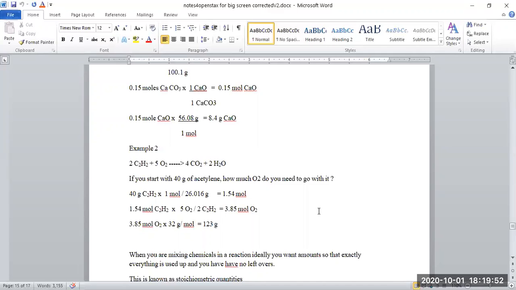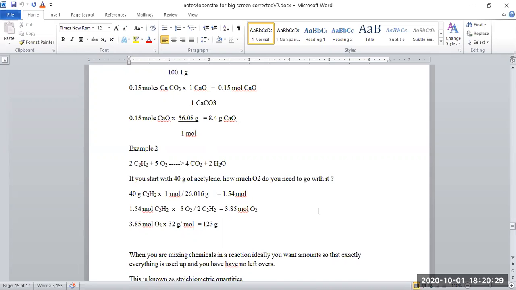I have a 5-to-2 ratio. 5 oxygens for every 2 acetylenes. Do that math. Multiply by 5, divide by 2. You get 3.85 moles. I want grams. So my final step is multiply your 3.85 moles times your 32 grams per mole. Moles cancel out. You get 123 grams.